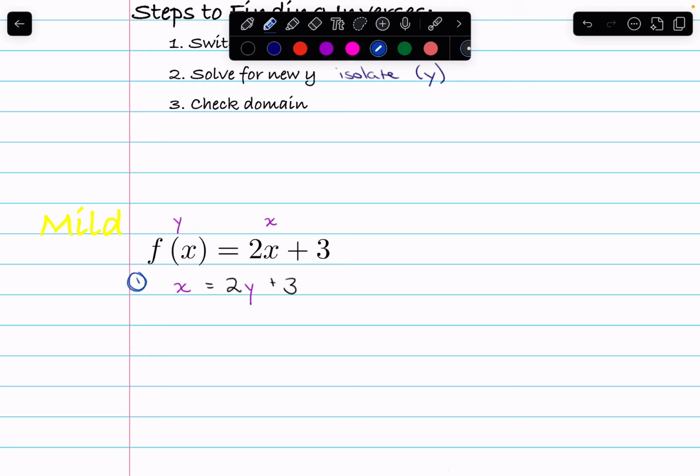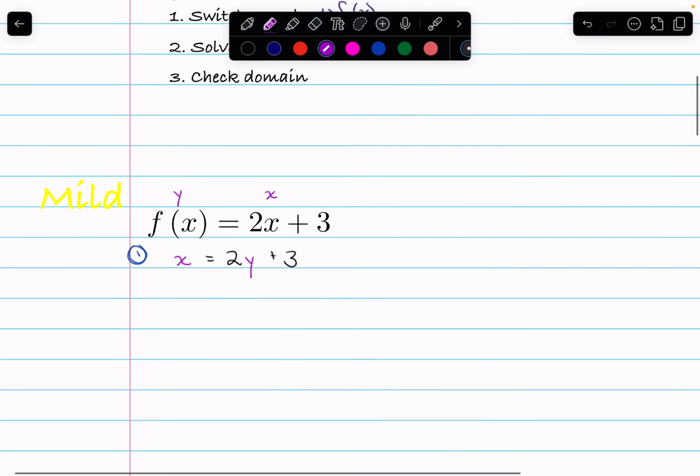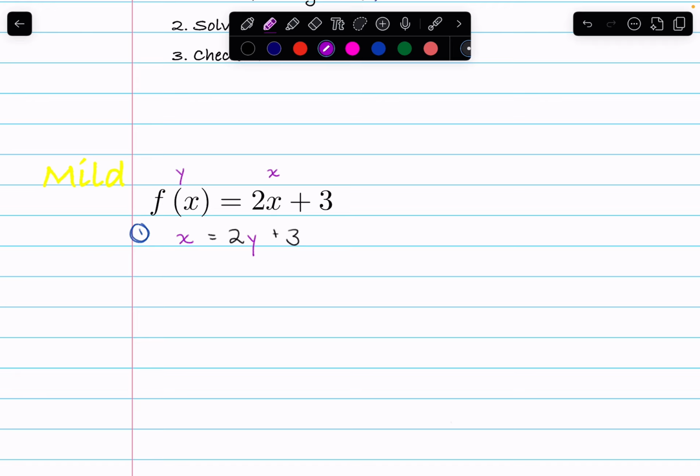All right. Step 2, I'm going to solve for my y. I'm going to isolate this guy all by itself. So I am going to draw my line down. Take your time. Don't skip steps. I'm going to subtract 3 from both sides.